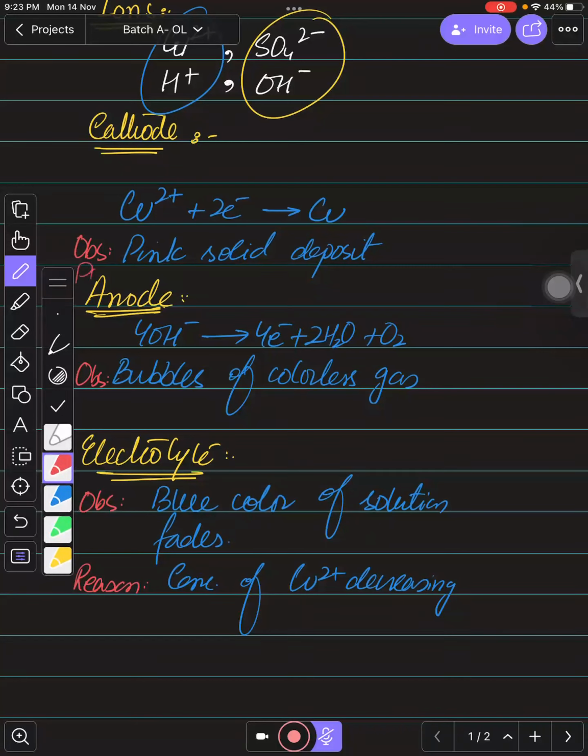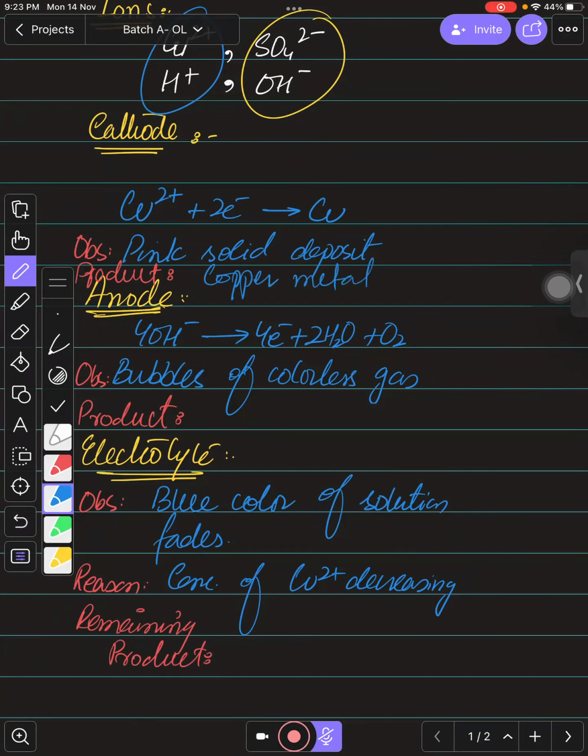Yes, sir. If the examiner asks you the names of the products, you can say that at the cathode it is copper metal which is depositing, right?